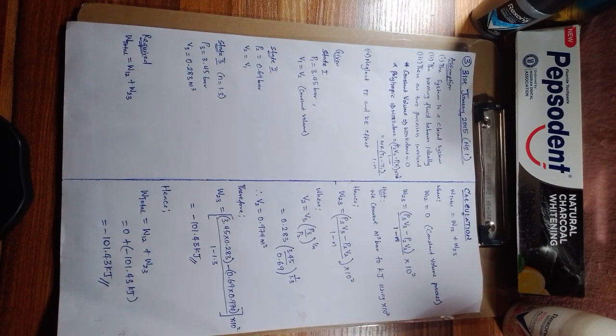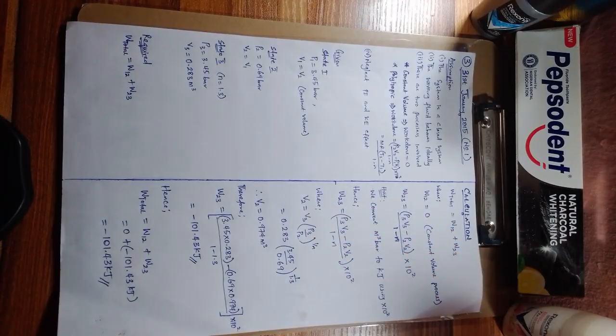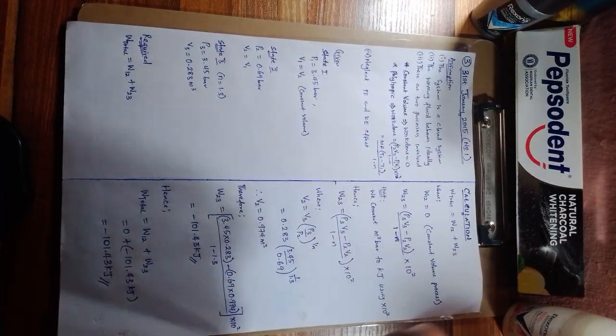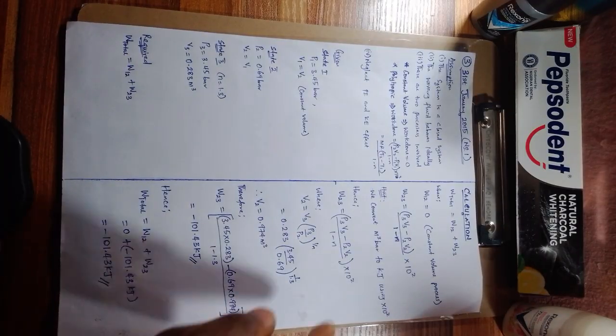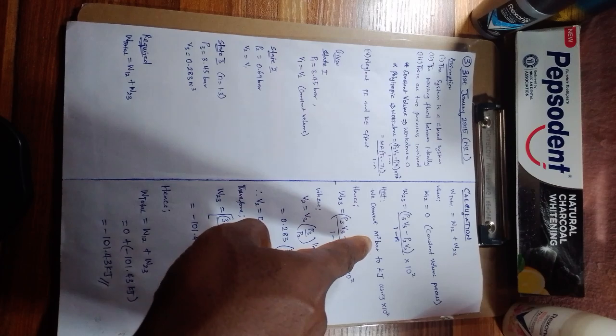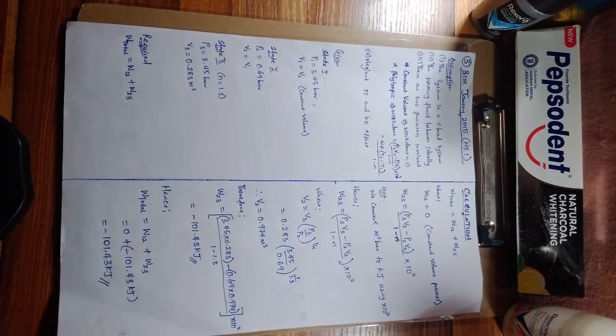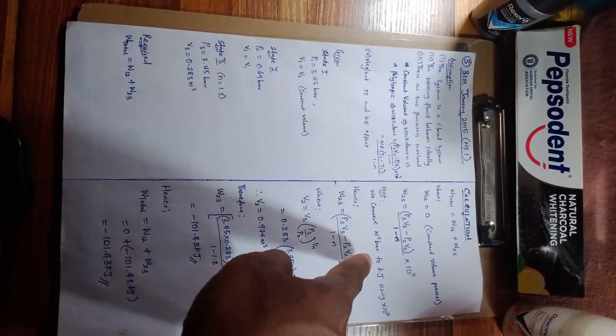They require us to find the total work done. For you to find the total work done, it is W12 plus W23, where W12 is already equal to 0 because of constant volume. W23 is given by this formula. Remember, the reason why we multiply by 10 raised to power 2 is for us to convert meter cube bar to kilojoule.